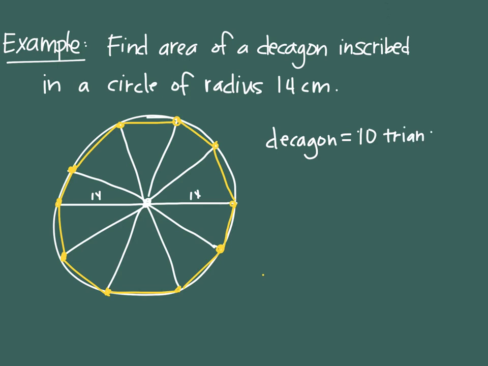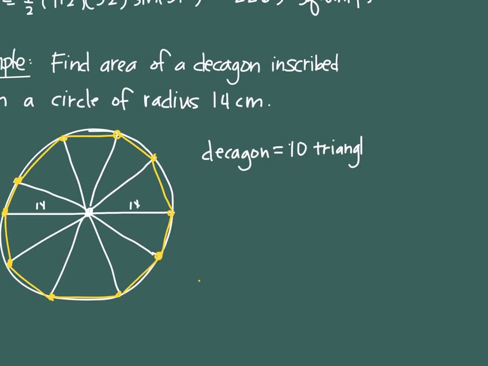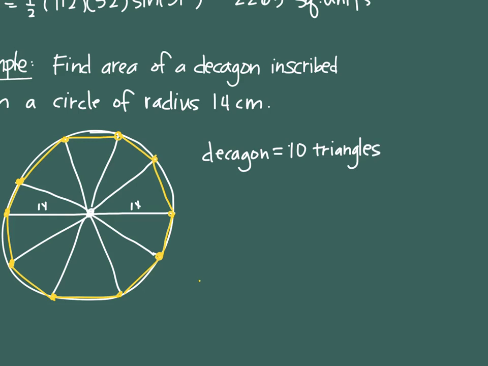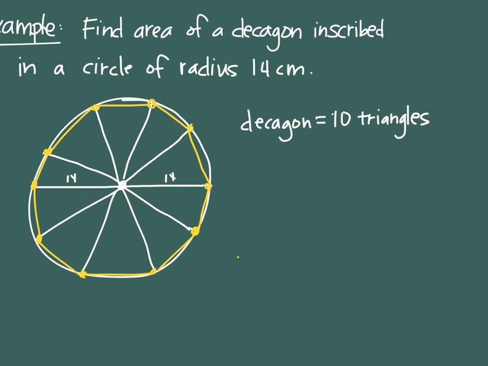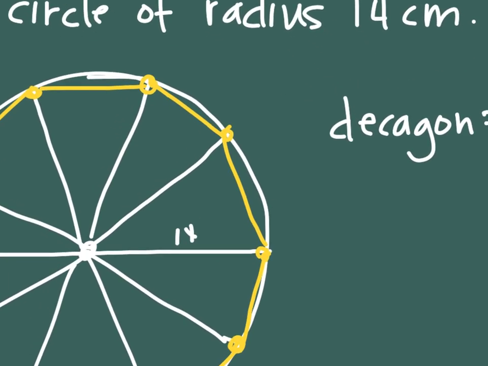So if I can find one of the triangles using my new formula, then all I got to do is multiply it by 10 to figure out how much area there is. So let's just focus on one of the triangles. I'm going to pick this particular triangle right here. Okay, this is going to be the triangle I'm going to focus on. Okay, so that'll be my one representative triangle.